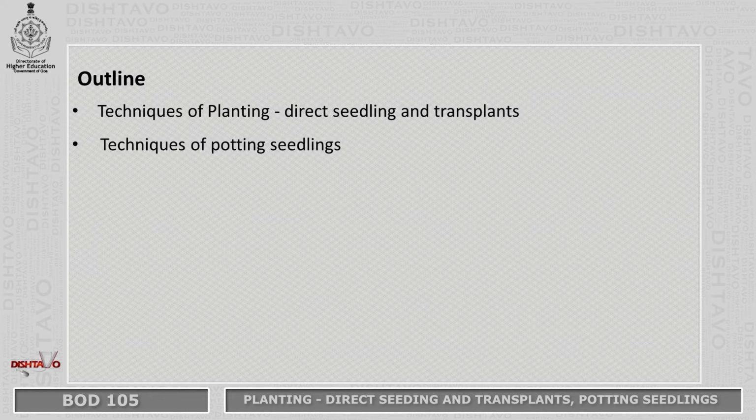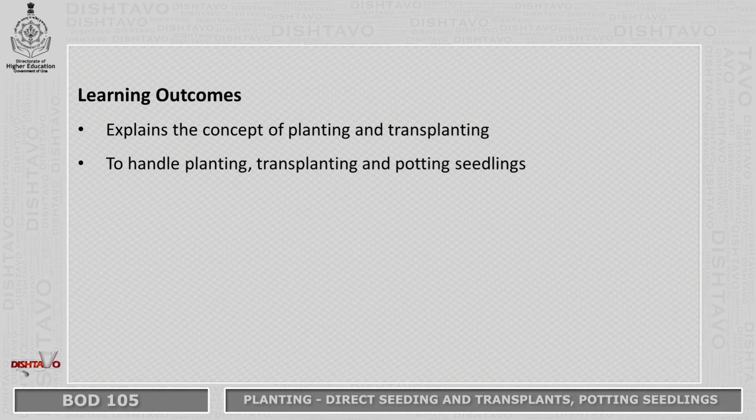Outline: Techniques of Planting, Direct Seeding and Transplants, Techniques of Potting Seedlings. Learning outcomes: explain the concept of planting and transplanting, and handle planting, transplanting and potting seedlings.